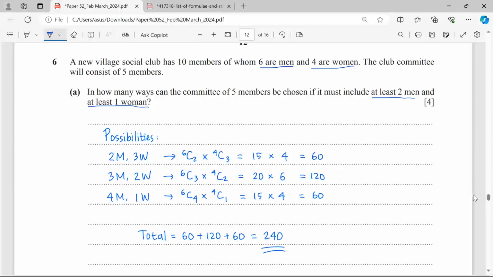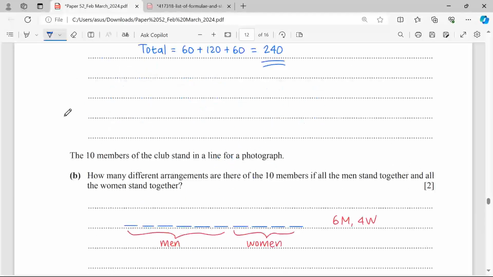That's for question A. For question part B, the 10 members of the club stand in a line for a photograph. How many different arrangements are there of the 10 members if all the men stand together and all the women stand together? So we have 10 places because we have 10 members.